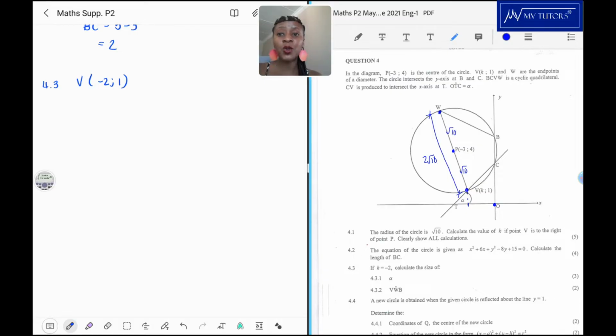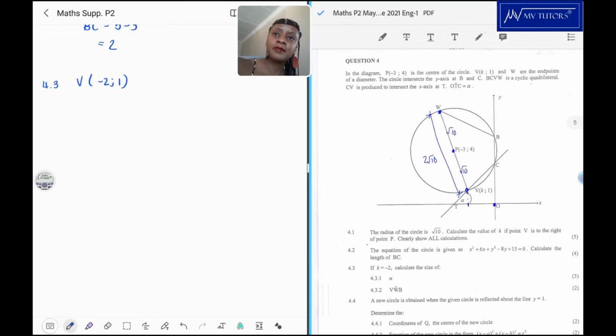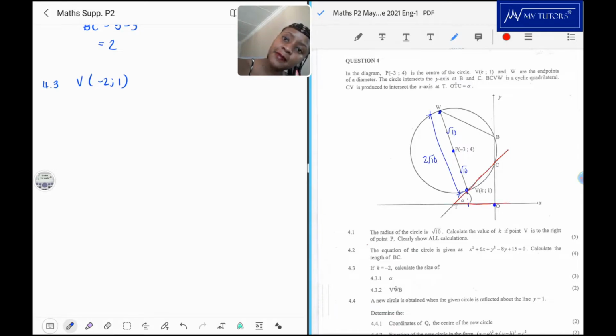Now we need to know the size of alpha. Okay, so if we're going to get the size of alpha, let me just use a different colored pen. So alpha is bound by that. Okay, that's where alpha is.